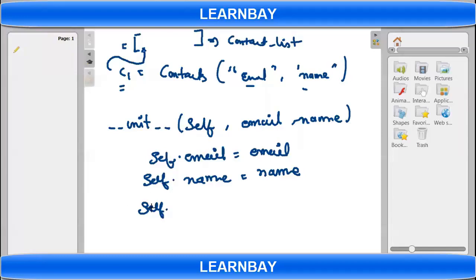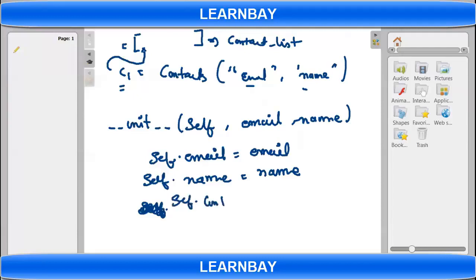So what should you write here now? Not C1, because C1 is not yet created, because as a part of this contact we reached here, right? Self dot contact list.